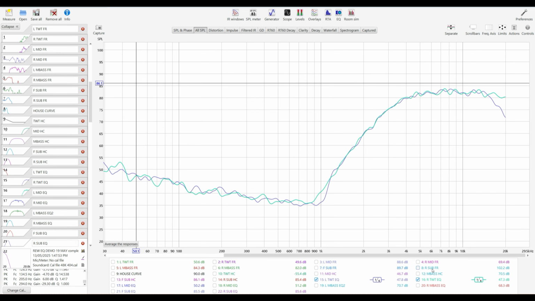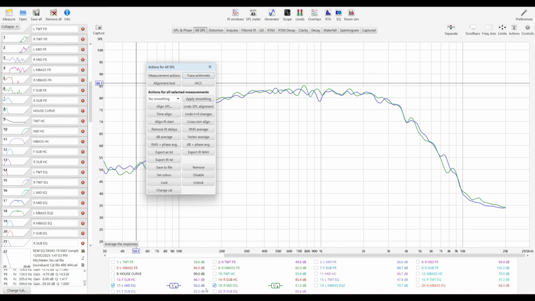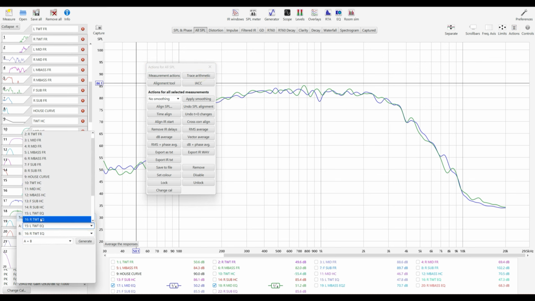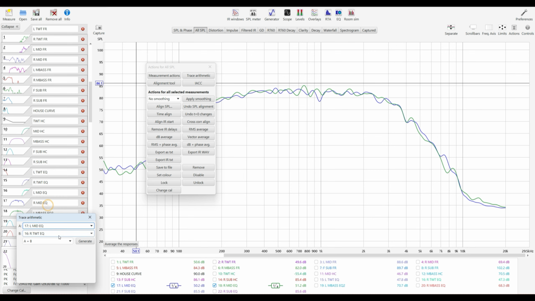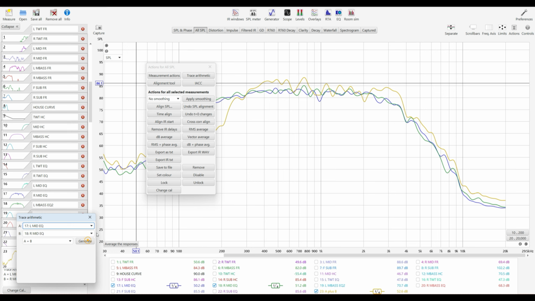Then we'll do the same for our mids, time align those, and sum them up. That's measurements 17 and 18. Let's just have a quick look at 17 and 18, and let's generate.